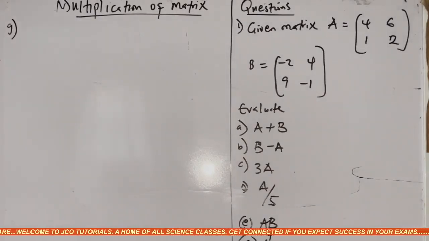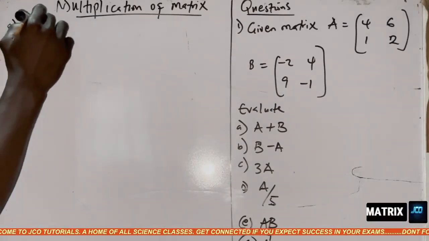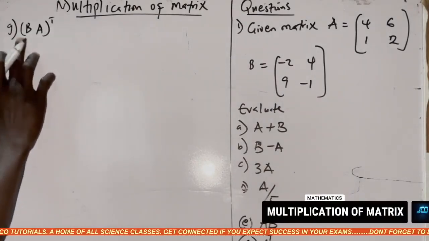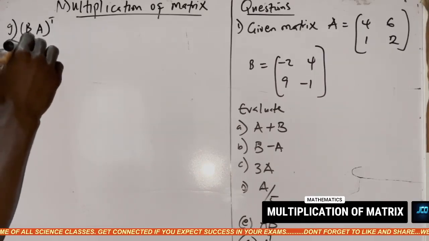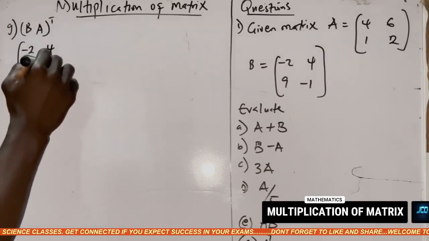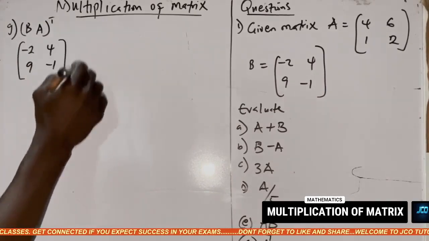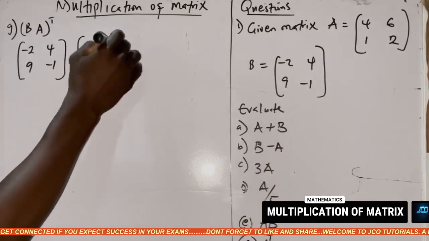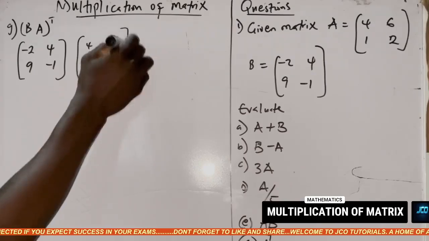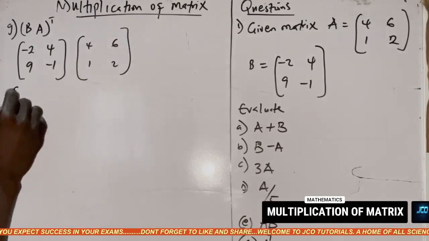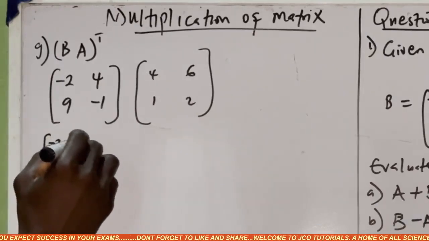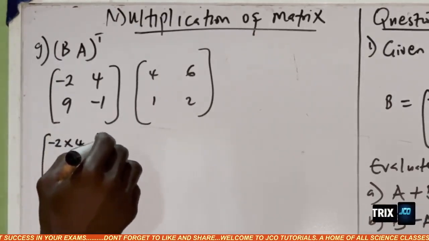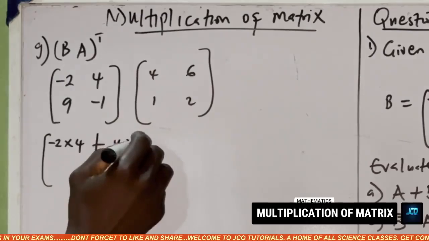So you have matrix B times A, then your transpose. First of all, let's do the multiplication first. So B is minus 2, 4, 9, minus 1. Then A is 4, 6, 1, 2. Like we said, first row goes with first column. So minus 2 times 4 plus 4 times 1.